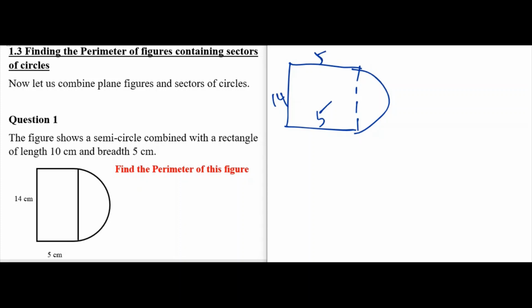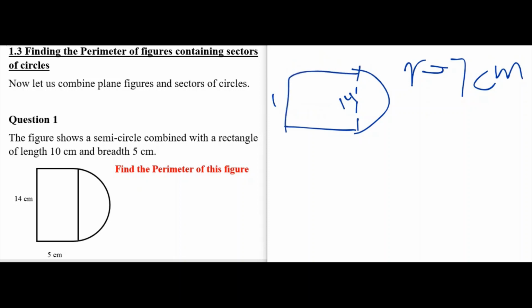So you have to know that if this side is 14, this length is also going to be 14. Thereby, if the diameter is 14, the radius is going to be 7 cm. That is something that you have to very clearly keep in mind. So in order to find the perimeter and to explain it to you, I am going to name these few sides.